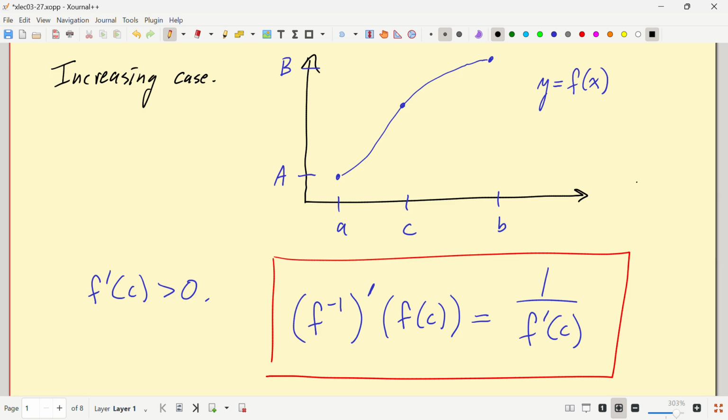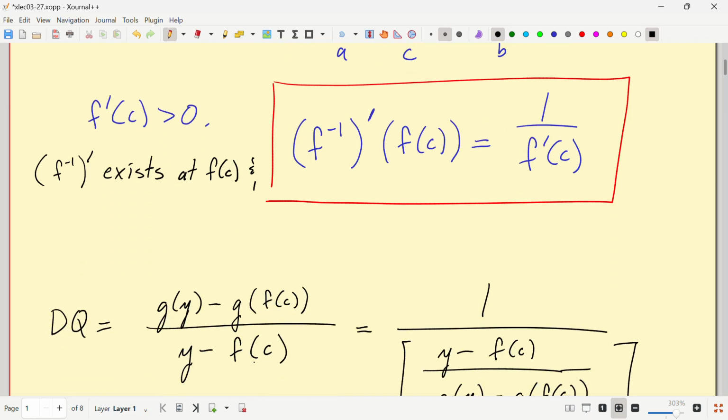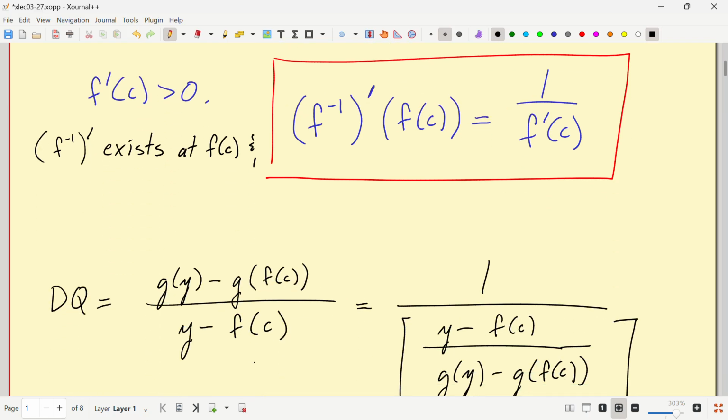So part of the conclusion is that f inverse prime exists at f of c, and that formula holds. Okay, that's from last time. And I started the proof and mentioned that the hard part of the proof is knowing that the inverse is continuous. But we got that.